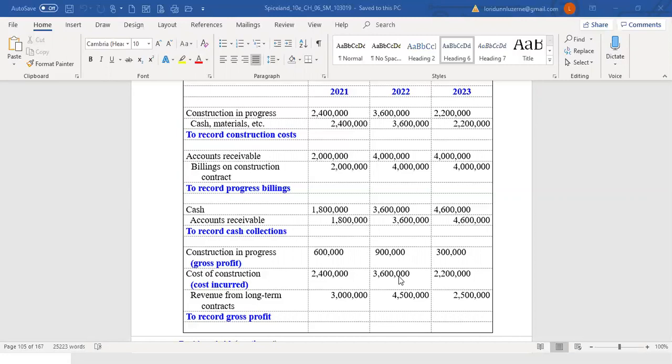So now your construction in progress account has a debit balance of 7.5. Your billings on construction contracts has a $6 million credit balance, and your accounts receivable should be at 600,000.